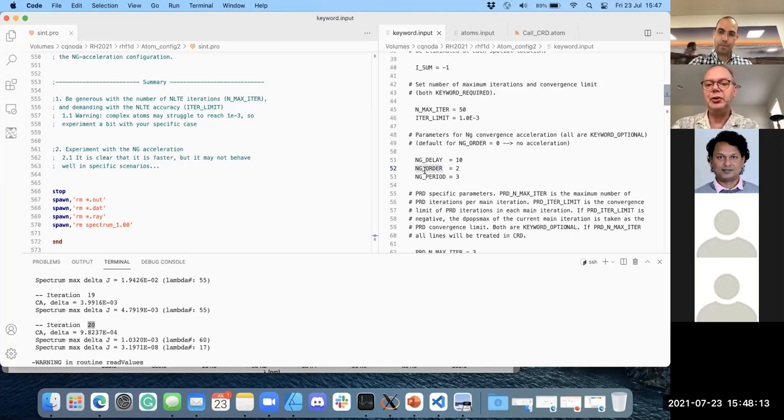Sometimes it's beneficial to actually increase the period so that you do more actual iterations that take into account the physics, and then every now and then only attempt an acceleration. Sometimes you can increase the order. You can increase to 3 or 4. I don't think it's useful to do more than that. But it's something to be aware of, that this is a mathematical process, not a physical process. And that's why you sometimes can get into trouble when it over-eagerly tries to change population numbers that it shouldn't.